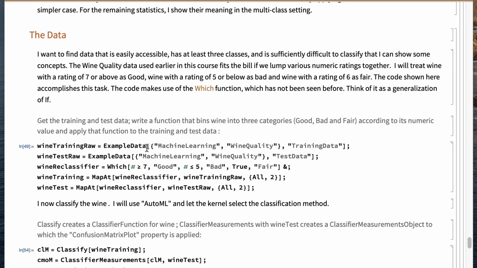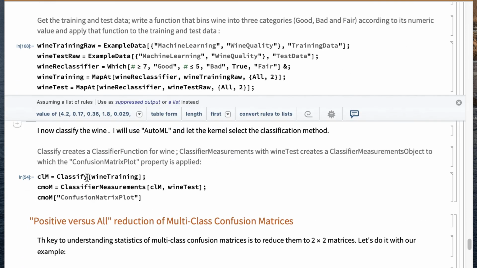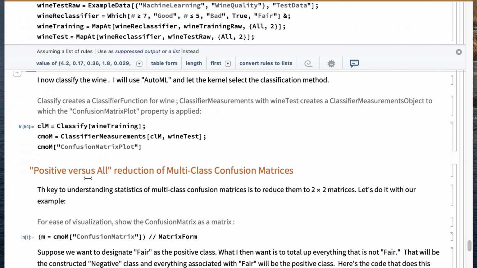So I'm going to suck in the training data, the test data, I'm going to do some reclassifying, and I end up with what I'll call wine training and wine test. All right, so we're done. Now what I want to do is, you now should be very used to this. I want to create a classifier function. I want to create a classifier measurements object using our multi-class classifier CLM on the test data.